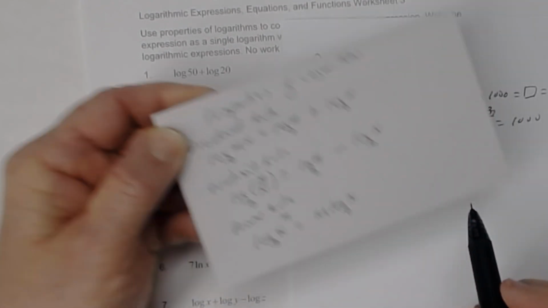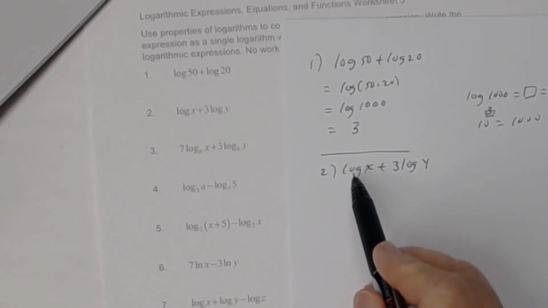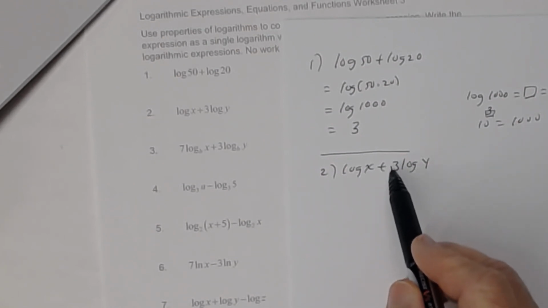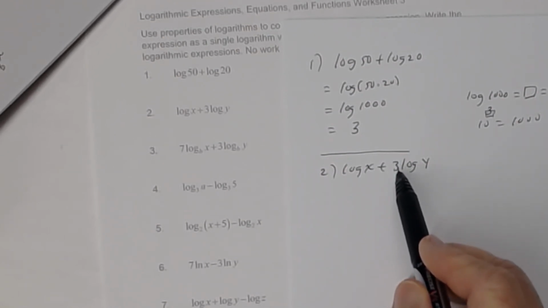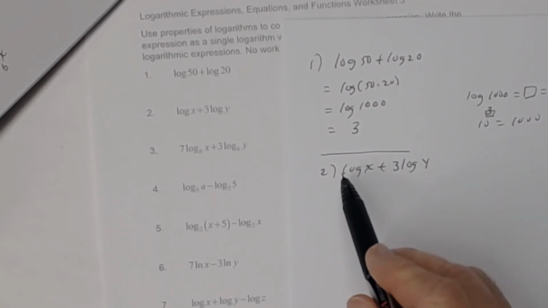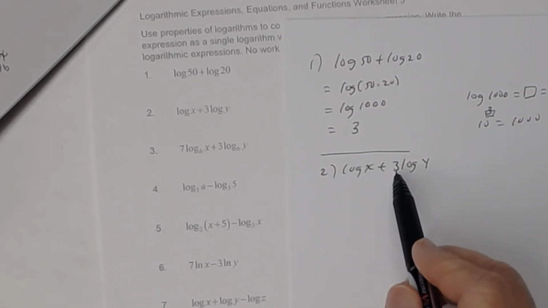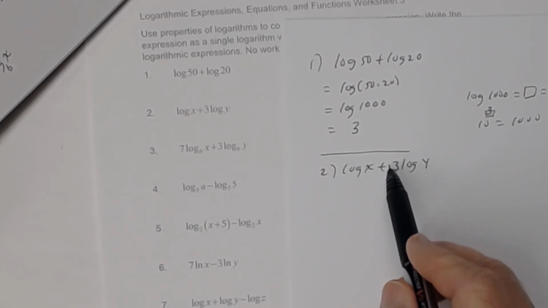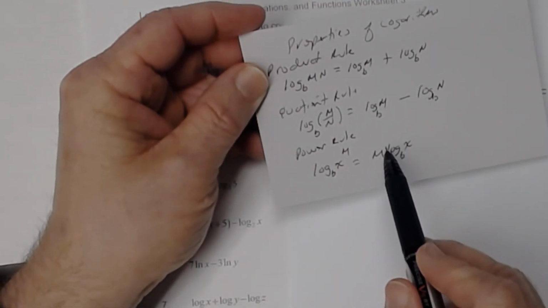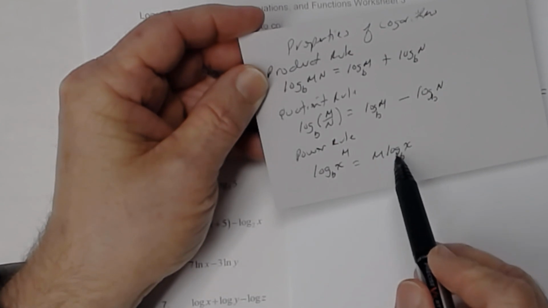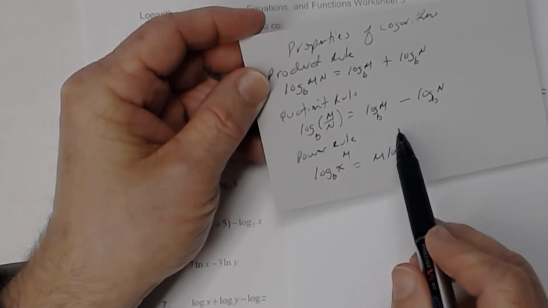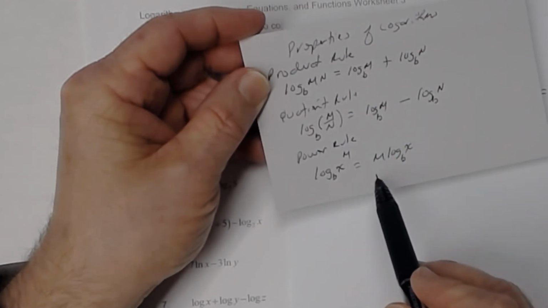Notice this coefficient is a 1, 1 times the log of x, and this says 3 times the log of y, so that coefficient is not a 1, it's a 3. If I'm going to write this as a single logarithm, those coefficients have to be 1s. This one's not, so I need to remove that coefficient. Well, remember, that's where that power rule comes in. If you have m times the log of x base b, you can always take that coefficient and write it as an exponent. So you're going backwards here.